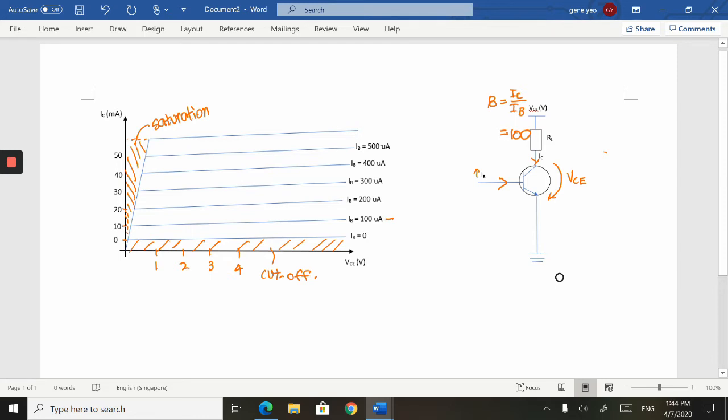This is according to Ohm's law. With a bigger voltage here, you should get a bigger current flowing down here. But we see that that is not the case.